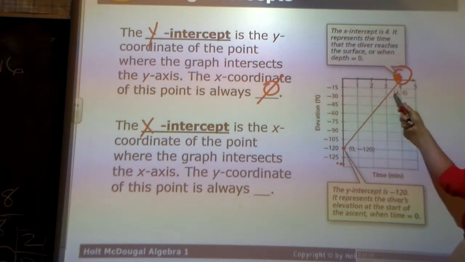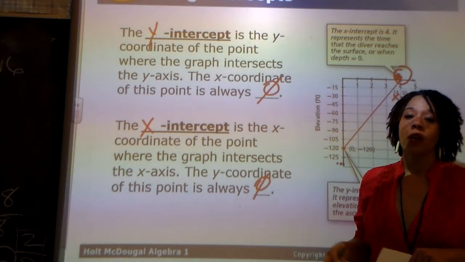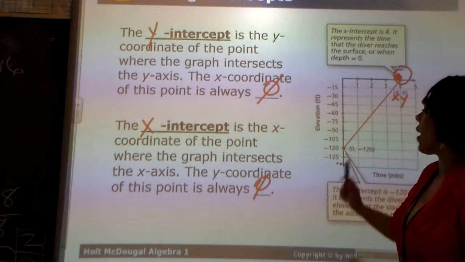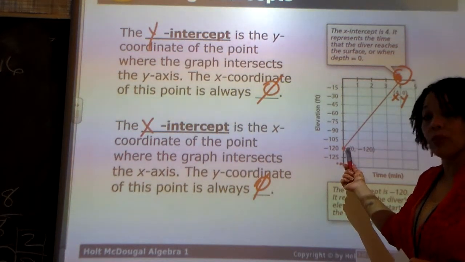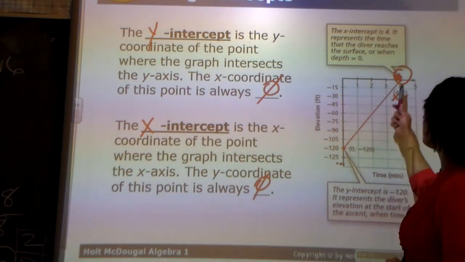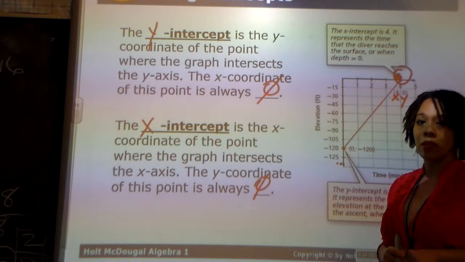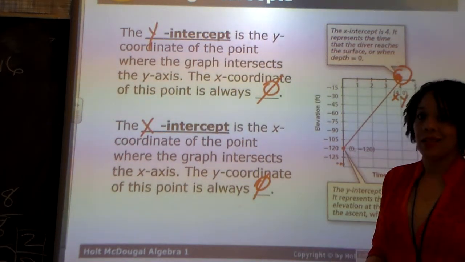And the y-coordinate is always going to be 0. So wherever your y-intercept is, that's the coordinate for y, and your x is 0. But wherever your x-intercept is, that's your point for x, and your y-coordinate is 0.